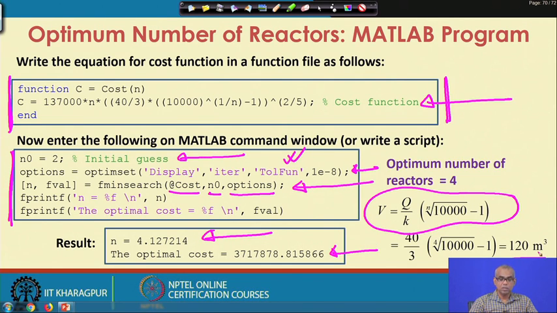So, we found out the optimum number of CSTRs required in the series, so that the total cost is minimized and we obtain the desired change in the inlet concentrations.